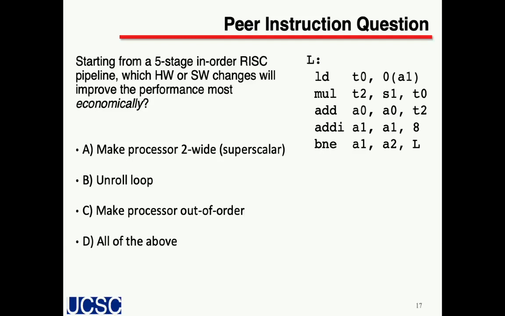Then we have another RAW hazard. This one is a write-after-read hazard, which depending on our choices may not matter. And then here we have another RAW hazard.